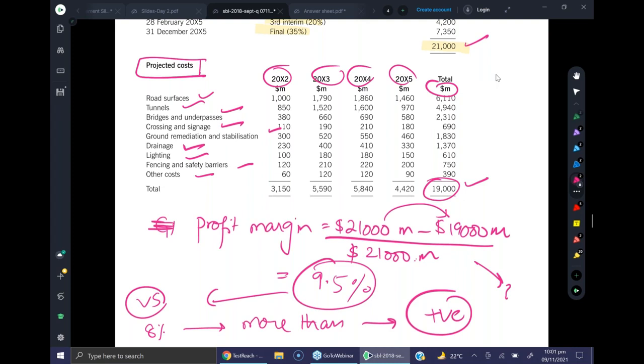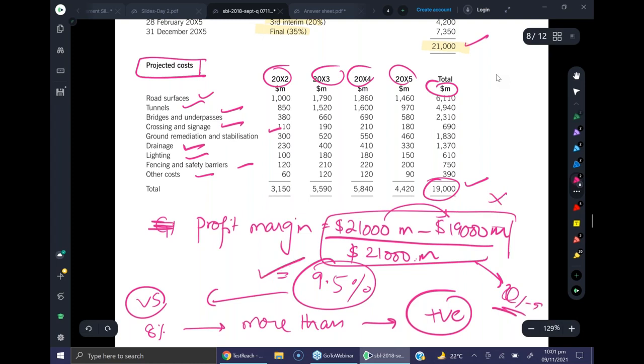You can use this information in question number 1, part A. If you show this 9.5 versus 8, and you say that it is more than the target, then you are demonstrating comparisons across exhibits, as well as showing additional calculations.